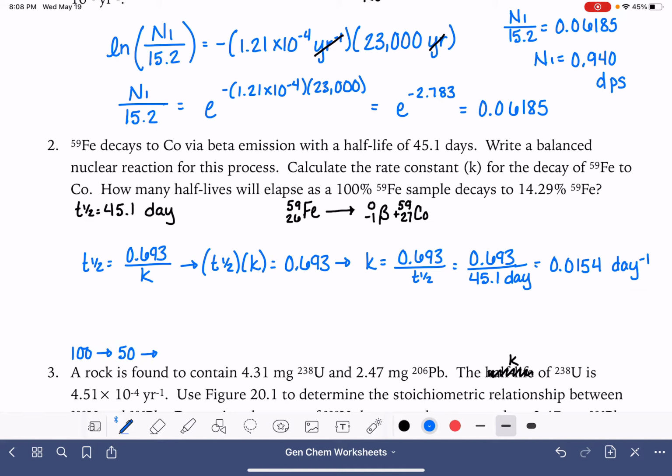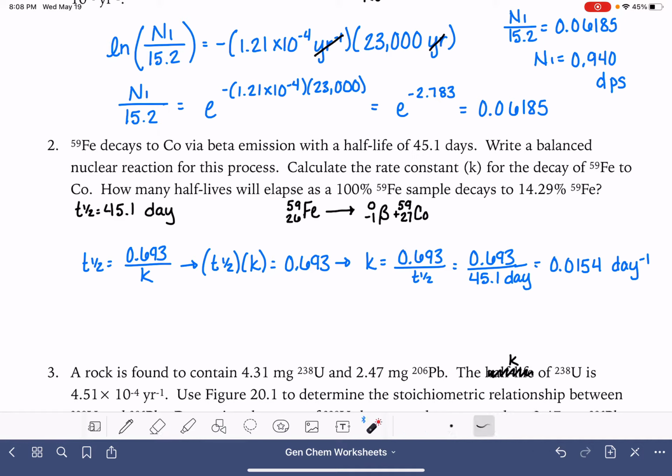After the second half-life, we go down to 25. And then we go down to 12.5. So this 14.29 happens somewhere in between the second and the third half-life. We can't calculate it just straightforward like that.